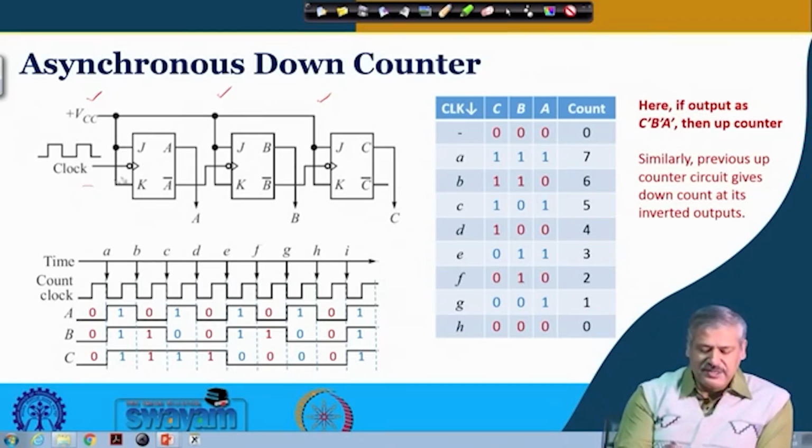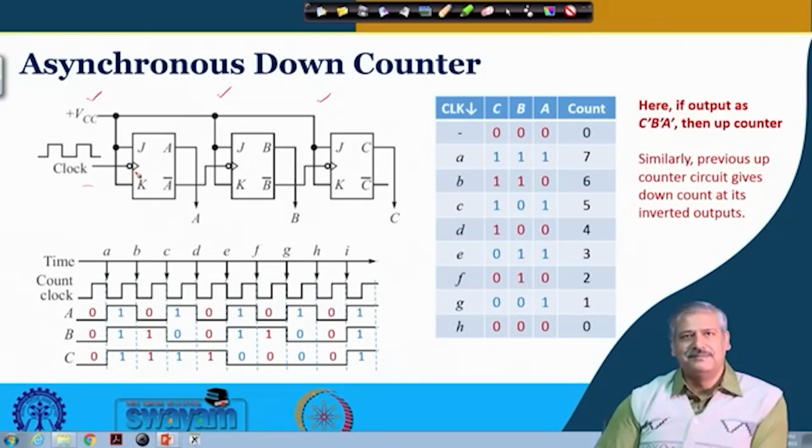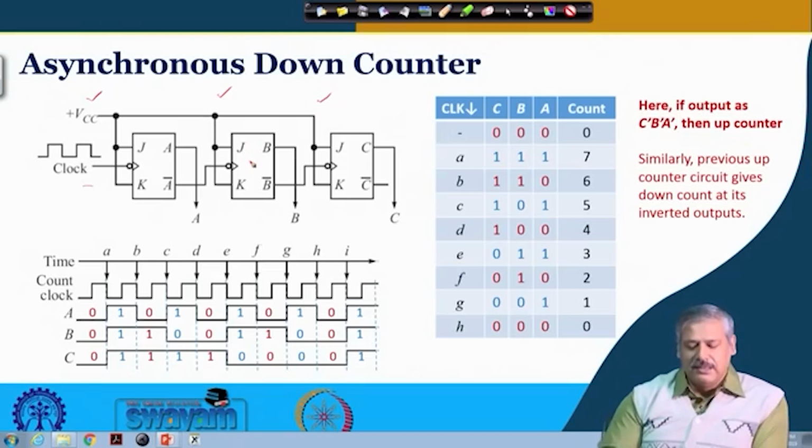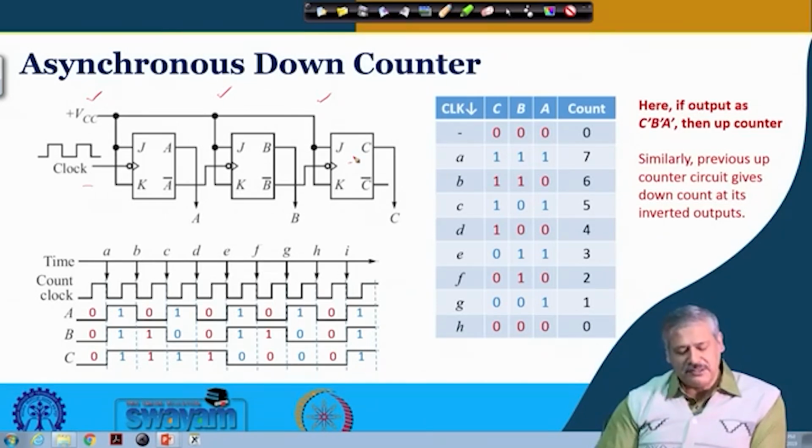Clock is given to the first flip flop, and instead of A, A bar is fed as clock to the next flip flop B. B bar is fed as clock to the next flip flop, that is C. Is it fine?